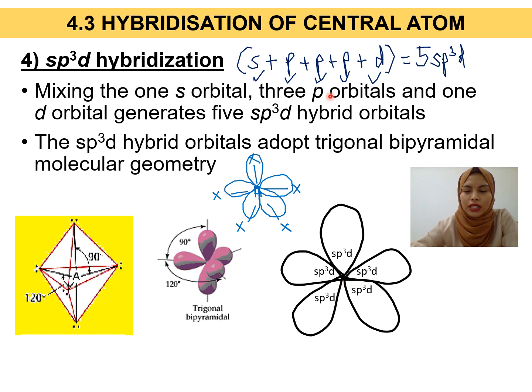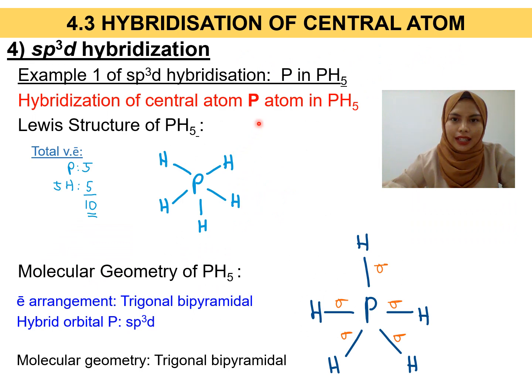Don't forget to label each petal of the hybrid orbitals as sp3d, because sp3d hybrid orbitals have 5 petals since there are 5 sp3d hybrid orbitals, and each petal is an sp3d petal.